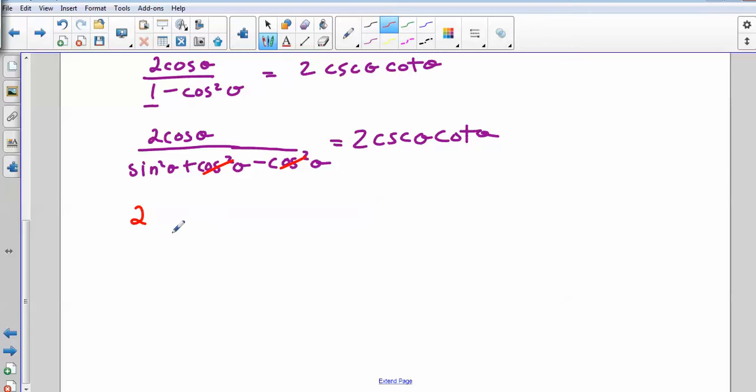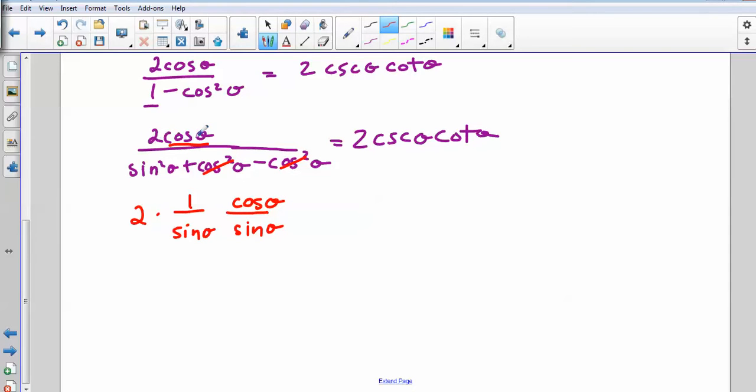So I'm going to take my sine squared in my denominator and break that into 2 separate sines, sine theta and sine theta. So the cosecant part, that's 1 over sine theta. And the cotangent part, that is this cosine here over one of these sines.